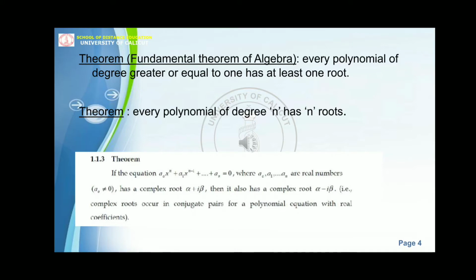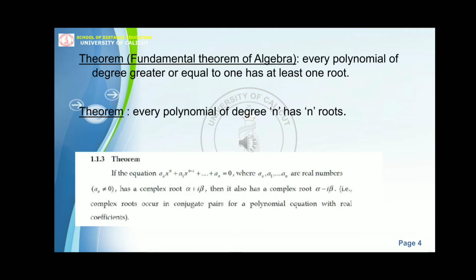One thing to notice here is that for a polynomial of degree n, all the n roots may not be distinct. For example, the polynomial equation x minus 2 the whole square equal to 0 is a polynomial of degree 2 and it will have two roots, but it doesn't have two distinct roots. It has repeated roots, which are 2, 2. We will learn more about repeated roots as we go further into the course.